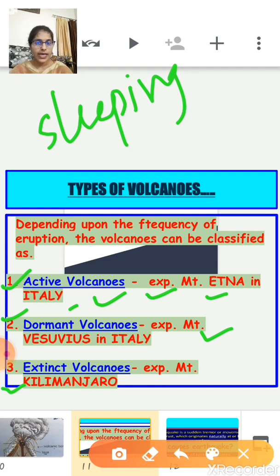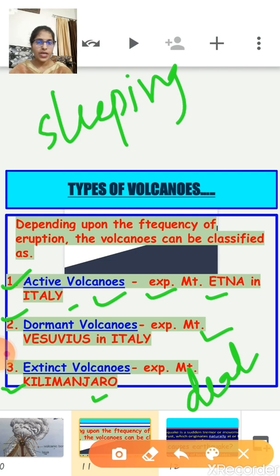That's why these extinct volcanoes are also known as dead volcanoes, because there is no further possibility of eruption in future. Now example, Mount Kilimanjaro. It is in East Africa, and it is an example of extinct volcano.